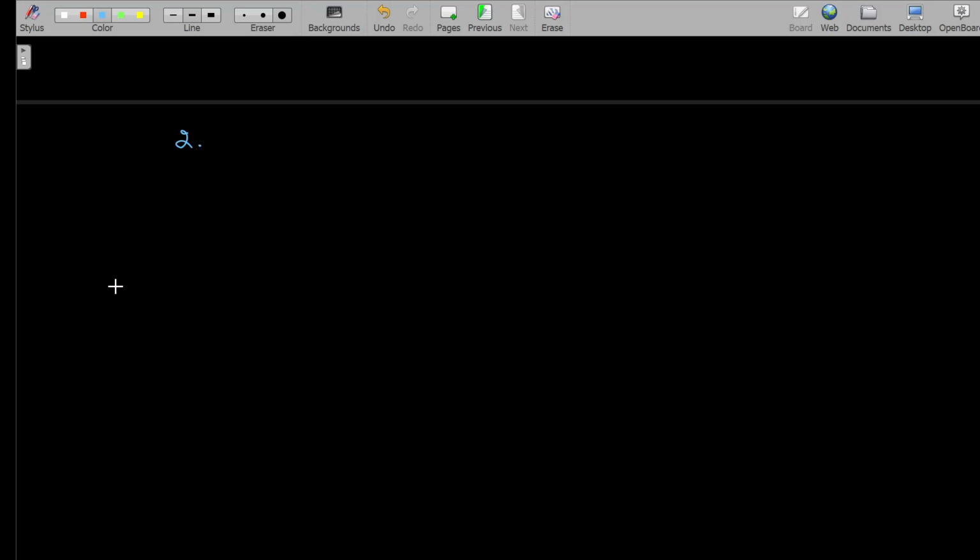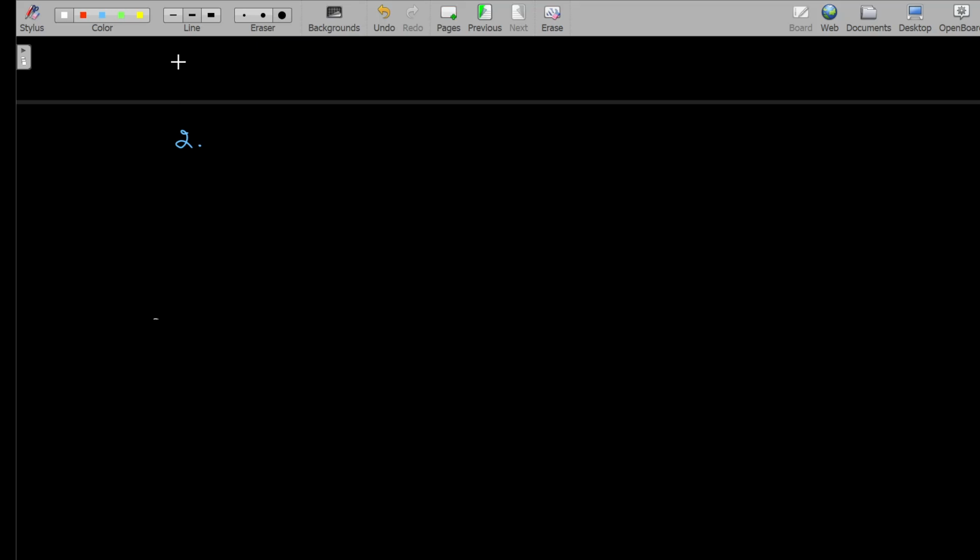If you have a function f of x and you want to find its derivative, you can either do d by dx of this, or you write f prime x. They are the same thing, so we can use the prime notation.